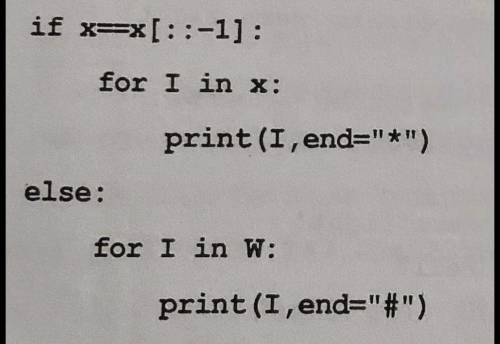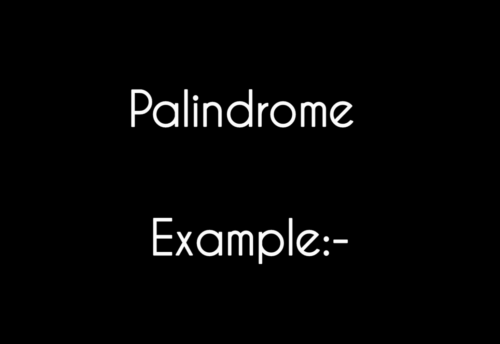So this is saying that, for the first time, the value of x will be RACECAR. So we have to check whether racecar is the same when we read it from the left side and when we read it from the right side. Like now I'm giving you an example.